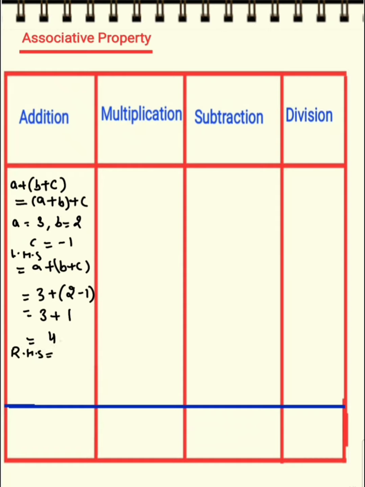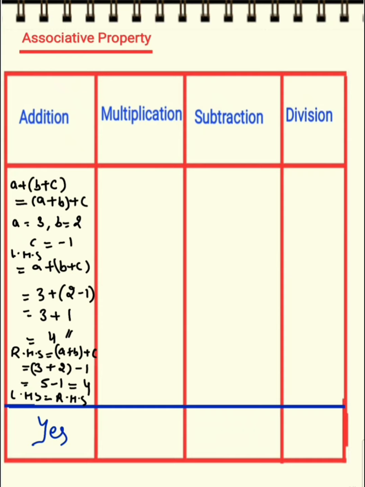Right hand side is a plus b plus c, which is equal to a is 3, b is 2 and c is negative 1. It will become minus 1. This is 5 minus 1, which is equal to 4. So left hand side is equal to right hand side. So we can say that integers are associative under addition. So we can write here, yes, they are associative under addition.